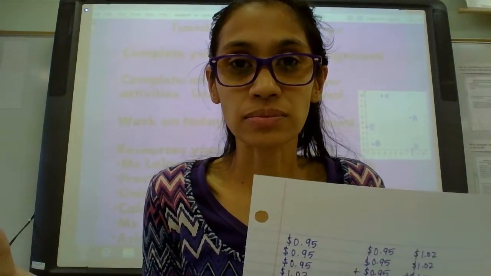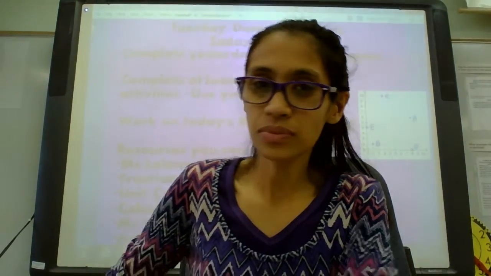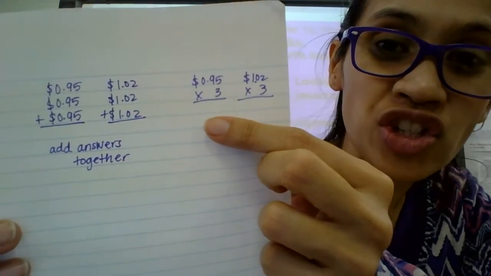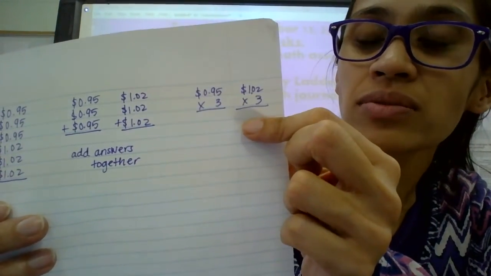What's the third way? You can multiply. Instead of adding these 3 times, we can multiply it by 3. 95 cents times 3. And then $1.02 times 3. Look. There's strategy number 3. Do that times 3, add times 3, and then what do you do with your answer?